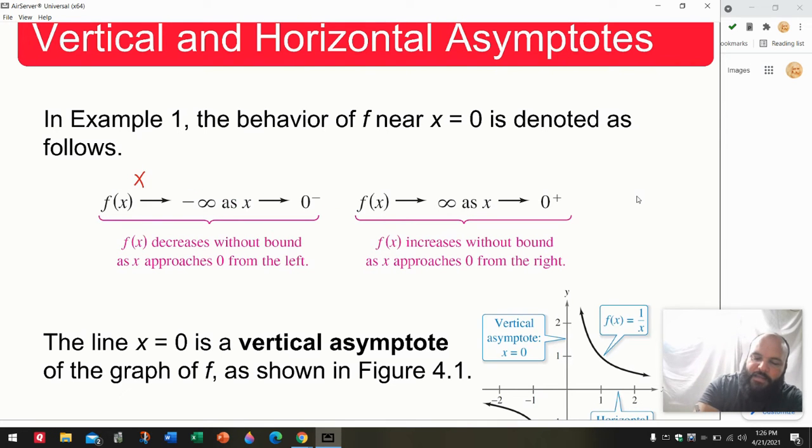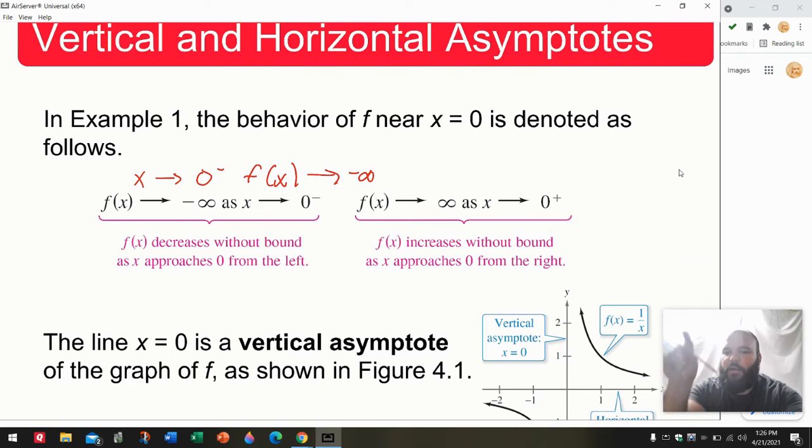I would have, as x approaches 0 from the left, the y value, f of x, approaches negative infinity. I like that better because we're referring to which way we're going, left and right, and then it tells us whether the graph is going up or down. In a similar fashion, this other one, I would rewrite it as well. As x approaches 0 from the right, then the y values will approach infinity.